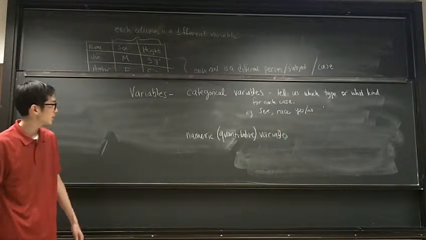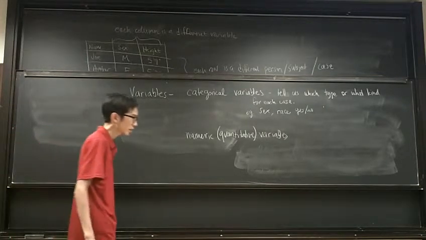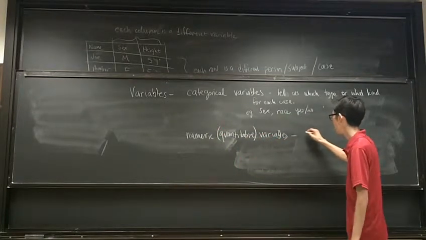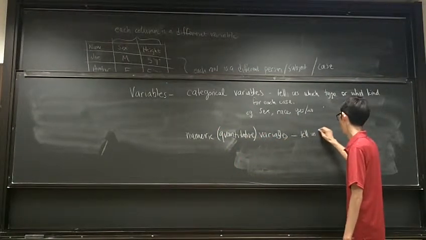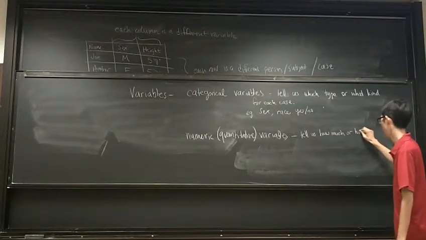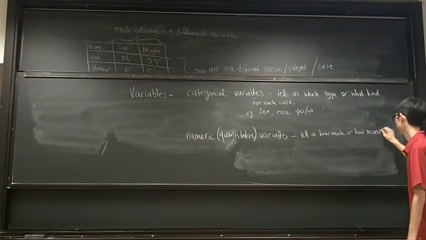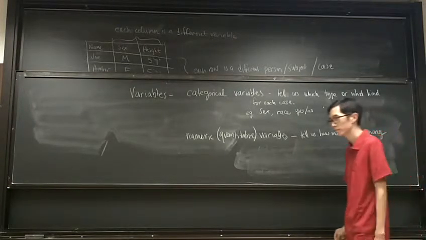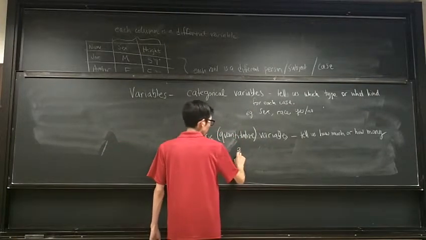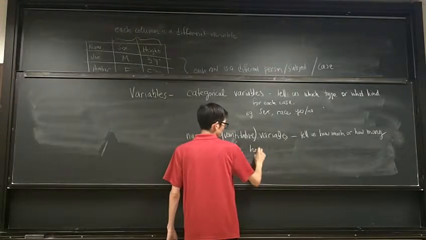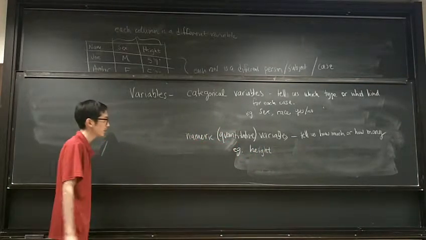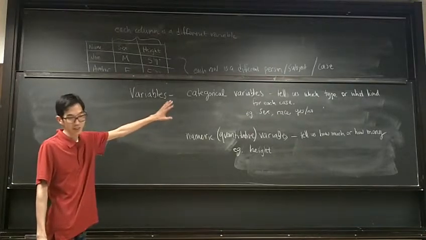On the other hand, we have numeric variables. Okay, numeric variables tell us how much or how many. So in this case, height is a numeric variable, okay? And numeric variables will always have a number in there.